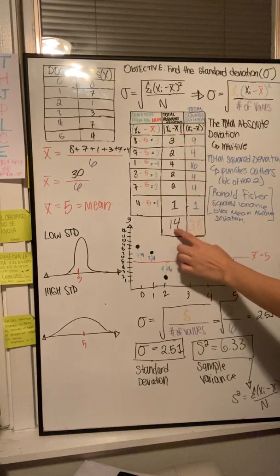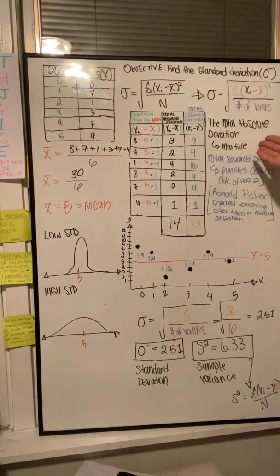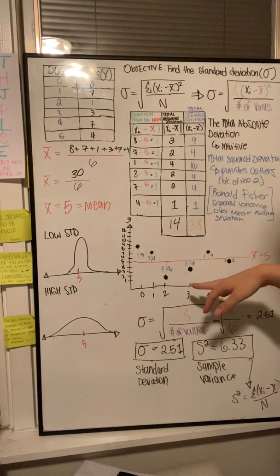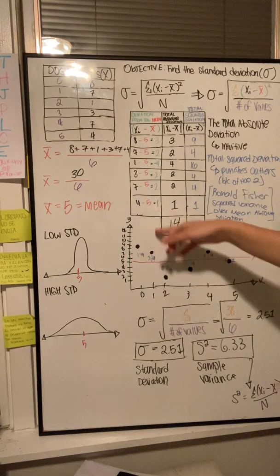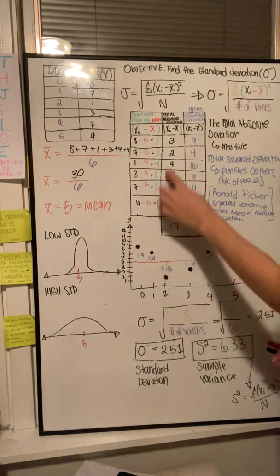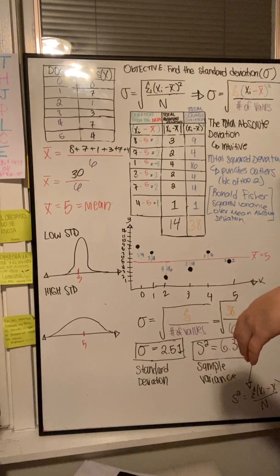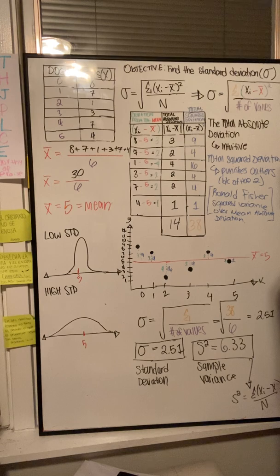I added it up, I took the sum, and it was 14, which makes intuitive sense. That's the interpretation of total absolute deviation. It makes intuitive sense. Not the interpretation, the benefit. So it makes sense because it's literally all these green lines or all these numbers added up as a distance. Is it displacement?